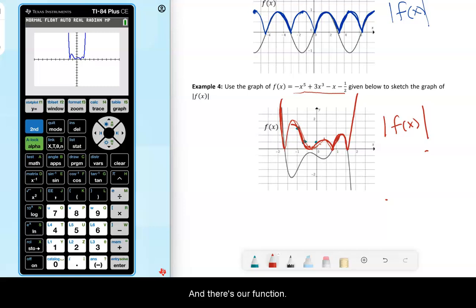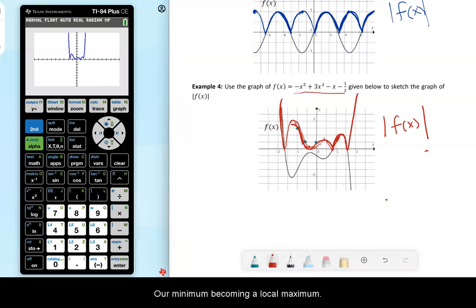Graph, and there's our function. It's a little strange looking, but it matches what we have on our paper, right down to our minimum becoming a local maximum. This local maximum is flipped to a local minimum. See how everything is flipped around on the negative? And then the positive side stays the same.